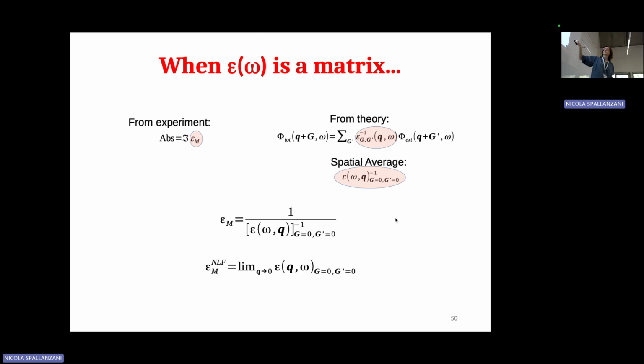And in the absence of local field effects, this macroscopic dielectric function is essentially given by epsilon, the dielectric function, with G equal to 0, G prime equal to 0.